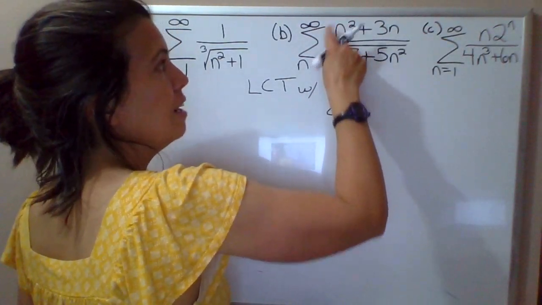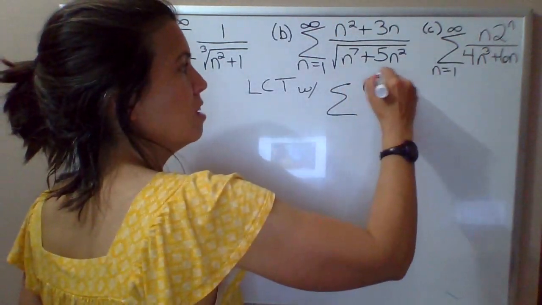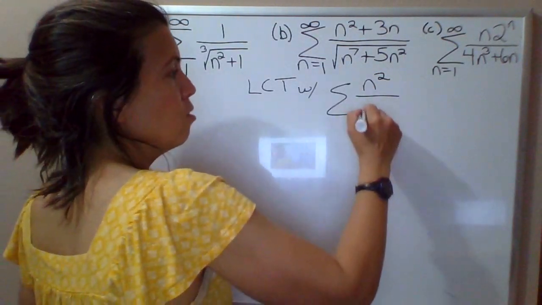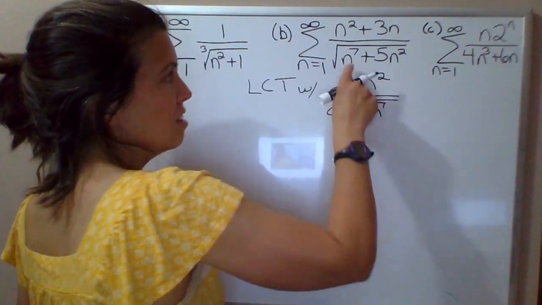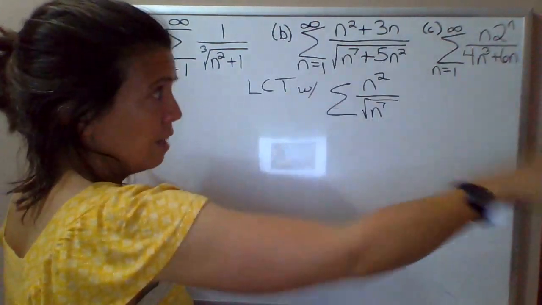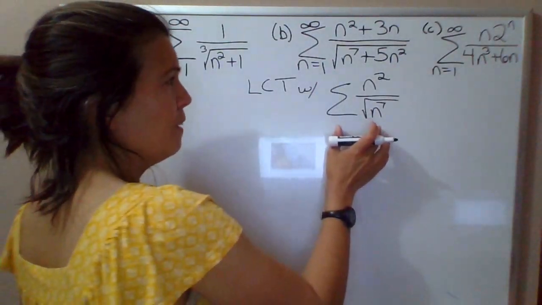As n approaches infinity, this n squared is going to get much, much bigger than the 3n, so it takes over in the numerator. And the square root of n to the 7th is going to take over in the denominator. The 5n squared becomes insignificant by comparison. So this is what we want to compare to.